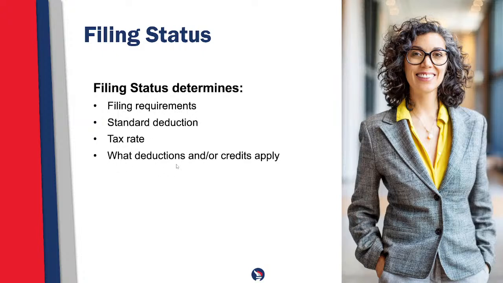And also, what deductions and credits will apply. We're not going to go into a lot of detail on that because we will mention this as we go along in future webinars about the credits specifically and which ones can be used or can't be used. And basically, we're just going to be looking at, yeah, you're married filing separately, you can't use that.